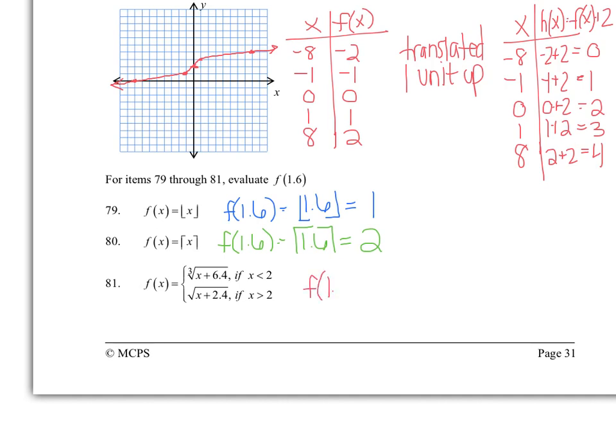Well, we want f of 1.6, and 1.6 is less than 2, so we're going to be using the top function, meaning we're going to have the cubed root of 1.6 plus 6.4. 1.6 plus 6.4 adds to 8, and the cubed root of 8 is 2. So f of 1.6 in 81 is 2. And that is the end of the Unit 5 Algebra Exam Review.